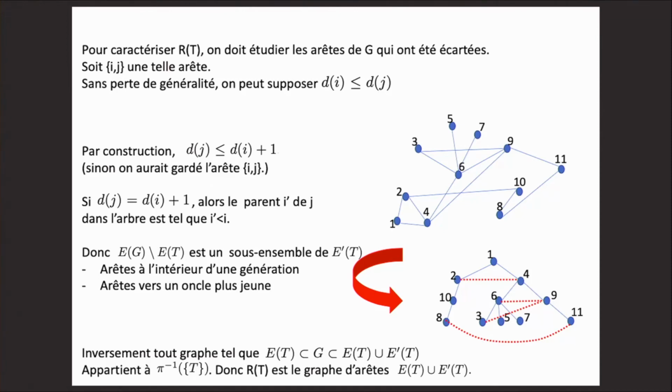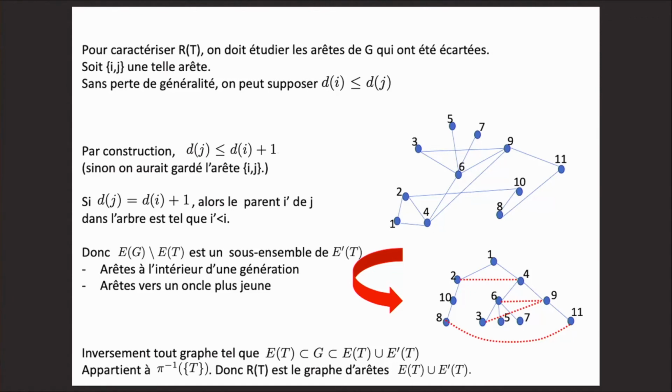Okay, so that's all the edges that you can remove. So edges inside a same generation are edges towards a younger uncle. And so now if you take any graph with edges which satisfy this, so here it should be the edges of G, of course, then this exactly describes all possible connected graphs.